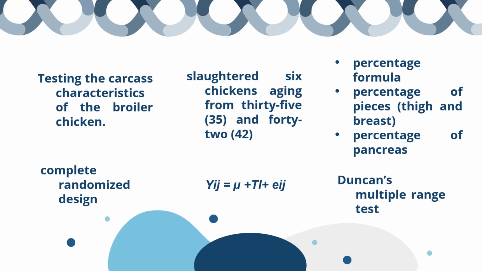They slaughtered 6 randomly selected chickens, aged 35 and 42 days, for each treatment. They used the dressing percentage formula, the percentage of pieces, and percentage of pancreas to calculate the proportion of the carcass included, like the major breast, thigh, heart, liver, and gizzard.